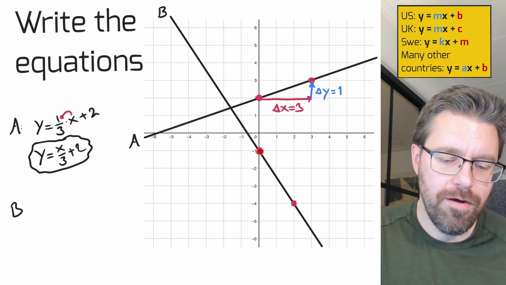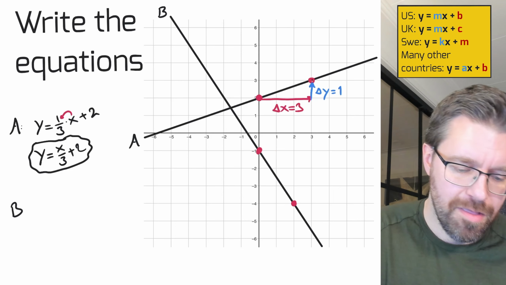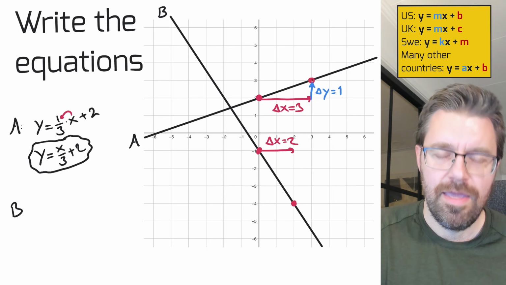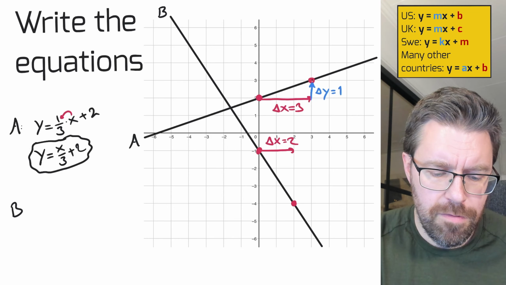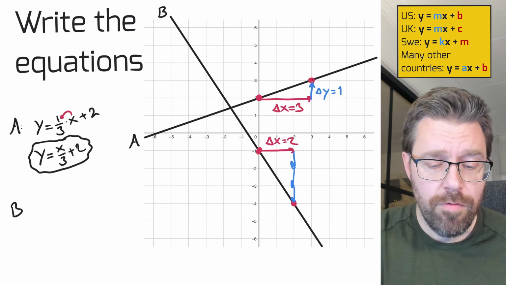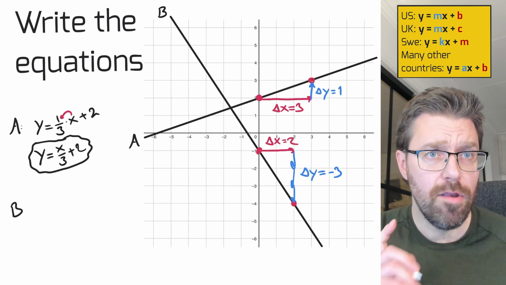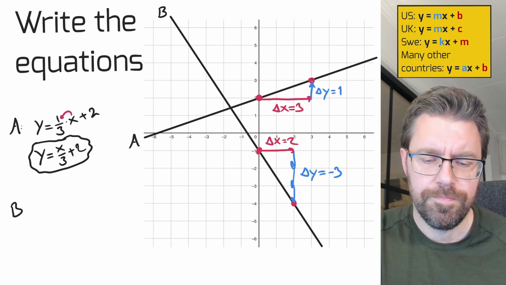So from here to here, to the right, jump, jump, 2 steps. So delta x equals 2. And now down, delta y is a negative number because we go down, jump, jump, jump. 3 steps down, and then delta y equals -3. So the slope is -3 divided by 2.